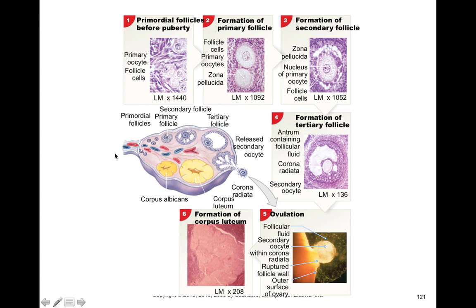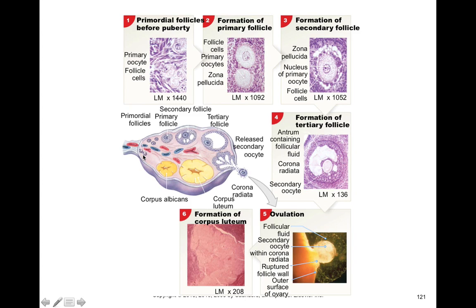Now, this process of oocyte development occurs within the ovary, and all of these oocytes are found surrounded by a type of cell called the follicle. So these follicles surround the oocytes. We have primary, secondary, tertiary, and antral follicles that basically just grow larger and larger once puberty has begun.